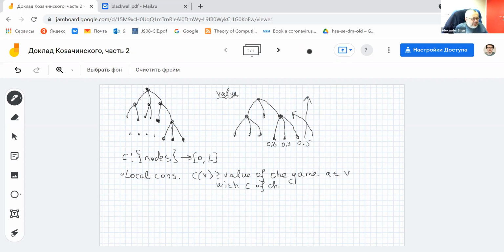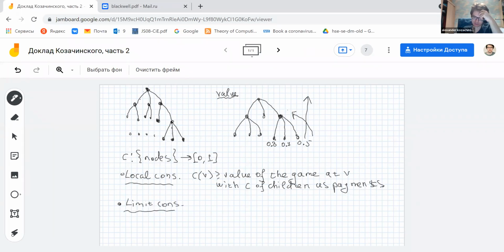This was called, how was it called? Certificate. Yes, so the certificate has two properties. Local consistency, and the next property, limit consistency or whatever. Okay, limit consistency. So this is like a definition of a certificate, right? Yeah.